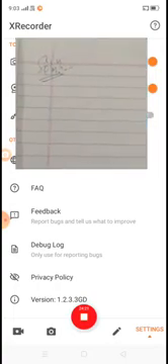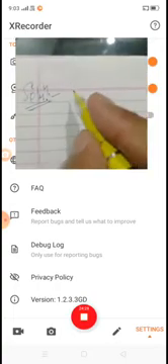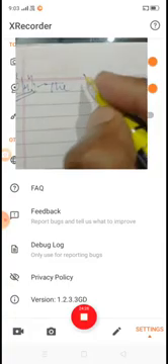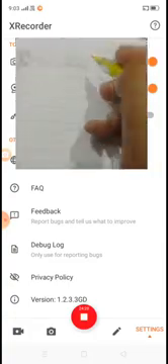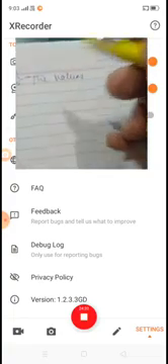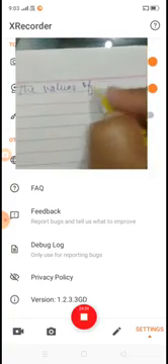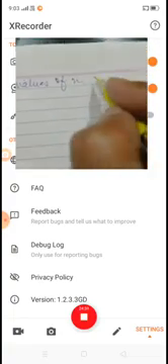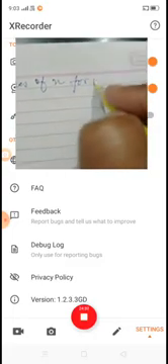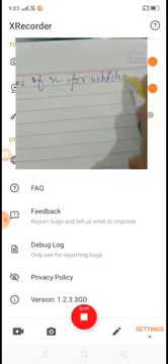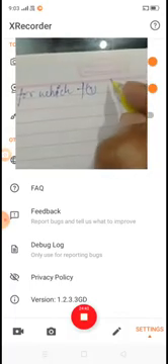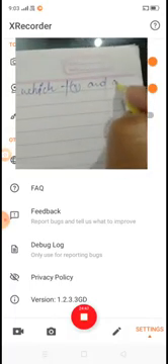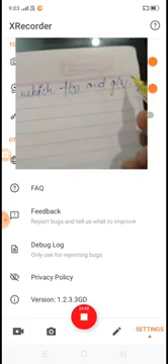Let's see the values of x for which f(x) and g(x) are equal.